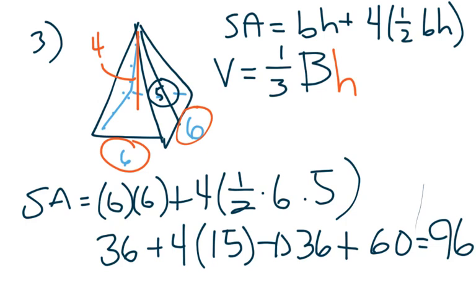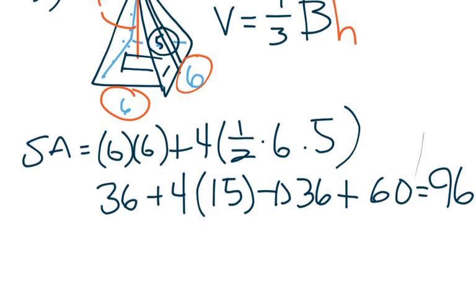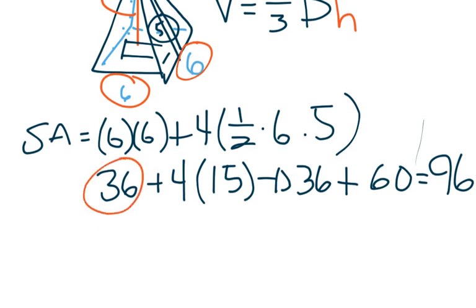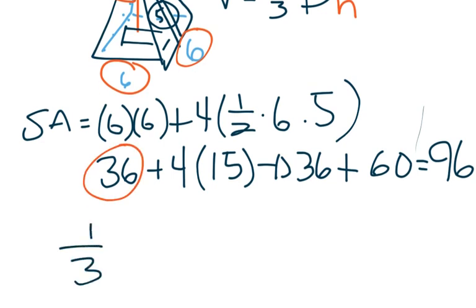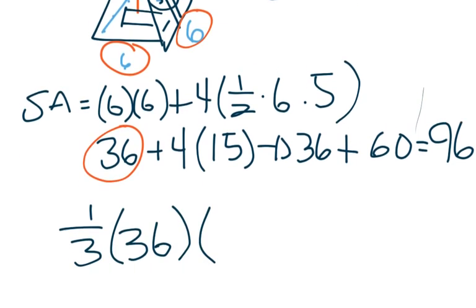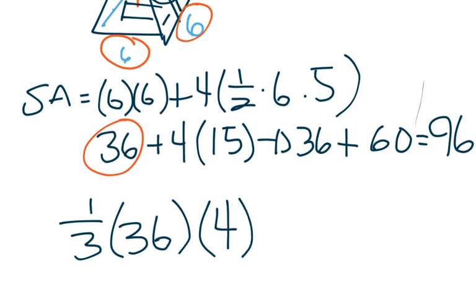Our volume is 1/3 base, so that's big B, so that's the area of this square over here, times the height. So when they say height, they mean the height of the pyramid, not the height of the side. So we already know that the base is 36, so we are going to say 1/3 of 36 times the height, which is 4.